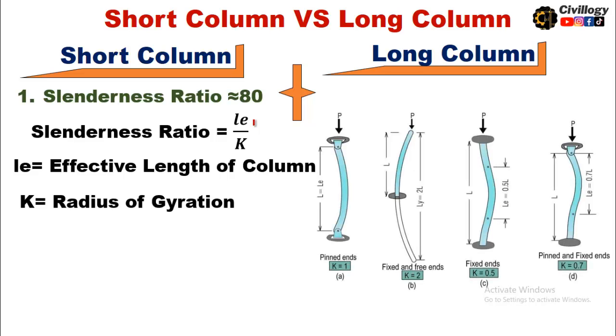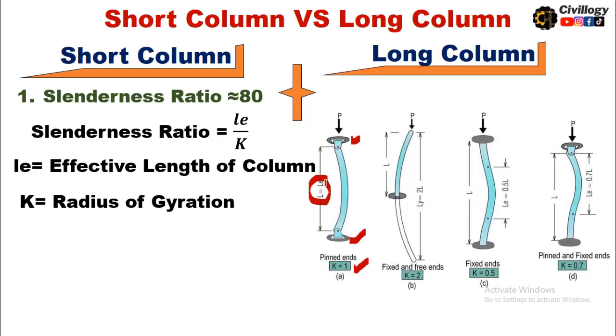And as you all know, the radius of gyration varies and it depends upon the end conditions of the column. As you can see over here, if both ends are pinned, then the value of K will be equal to 1 and the effective length will be equal to actual length.